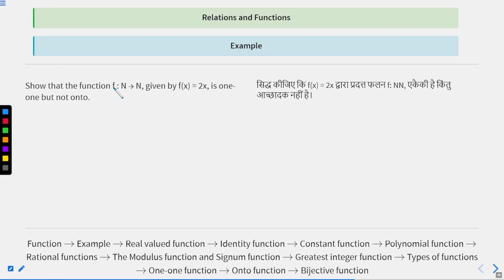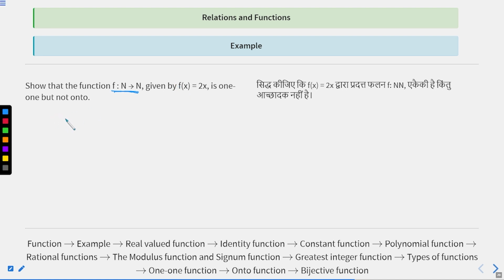Now, show that the function f from natural numbers to natural numbers, given by this, is 1-1 but not onto. So it is 1-1.